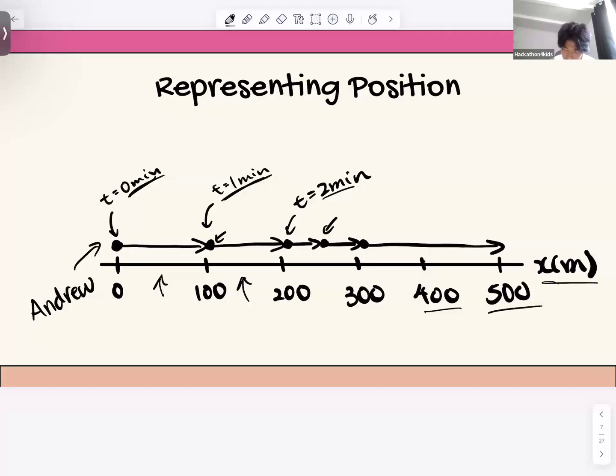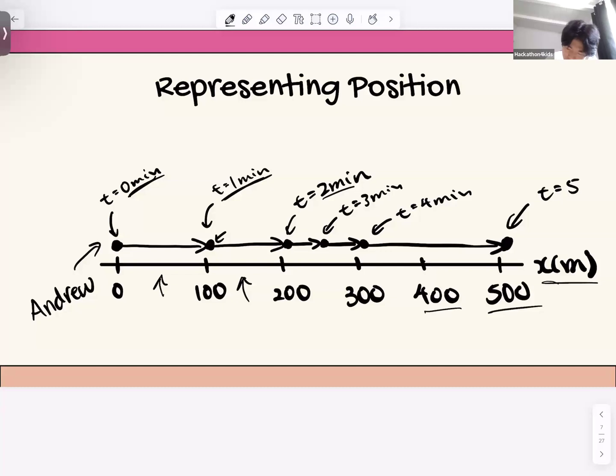And then this is time equals 3, time equals 4, and then he ends here, time equals 5. Then he covers 50 meters from 2 to 3 minutes, and another 50 meters from 3 to 4 minutes. And then he covers a whopping 200 meters from 4 minutes to 5 minutes. Okay.